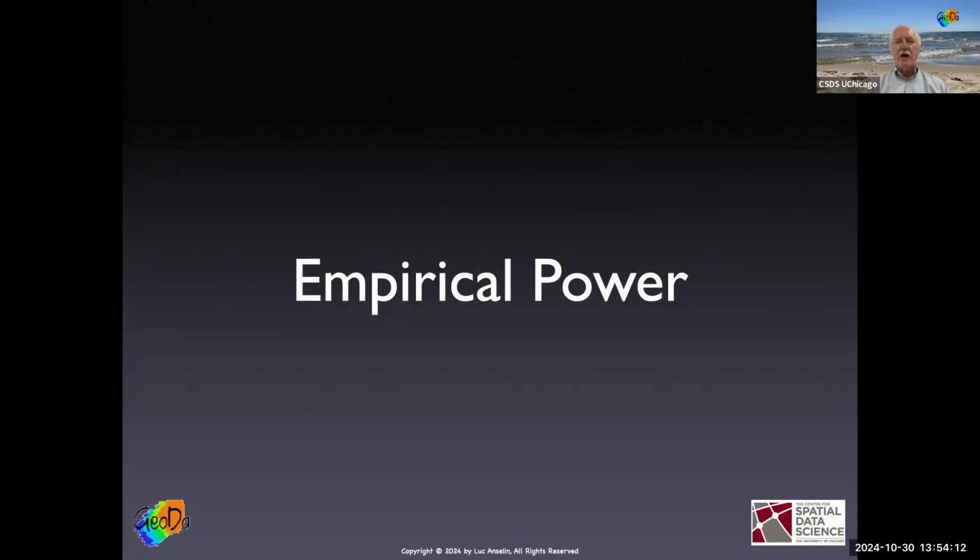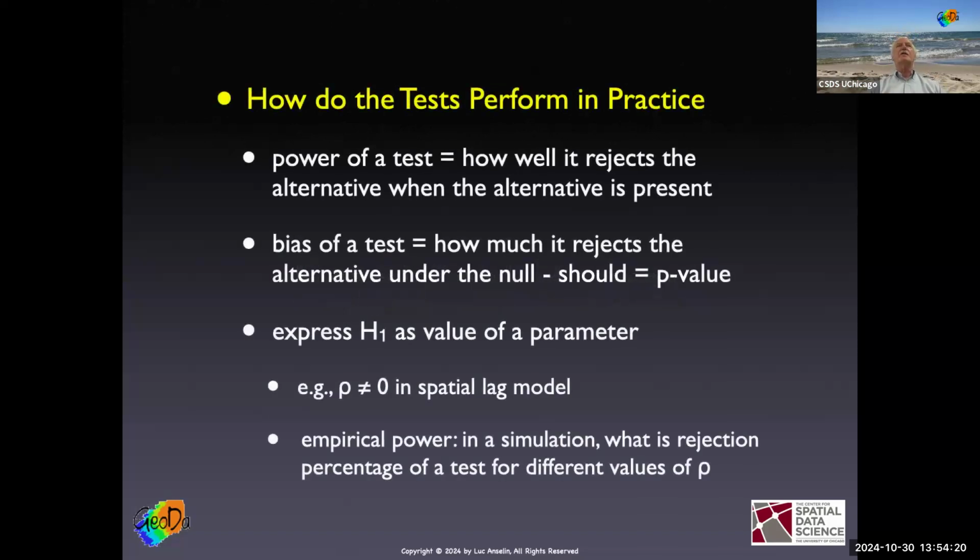So what I want to show you now is how this actually works in practice. And I'm going to assess the empirical power of a test. There are two important concepts here, which you may not be familiar with. One is the bias of a test. A p-value is your decision criterion.